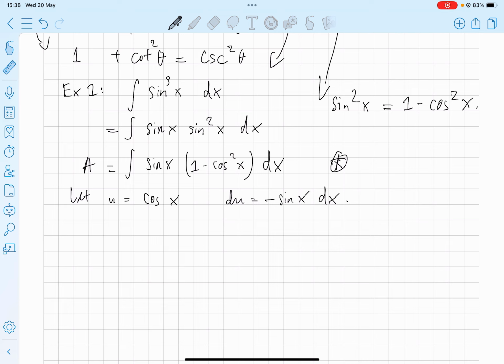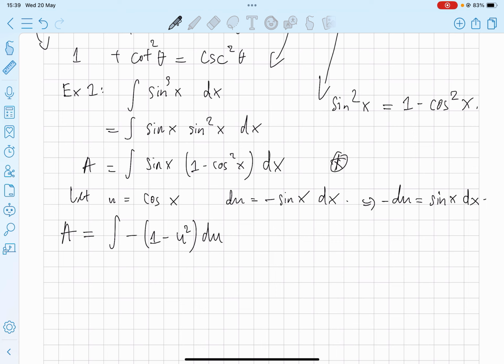Let's say this is A, and A will equal the integral of, so du equals minus sine of x dx, so minus du equals sine of x dx. So you have minus du, and then 1 minus cosine squared of x will be 1 minus u squared.